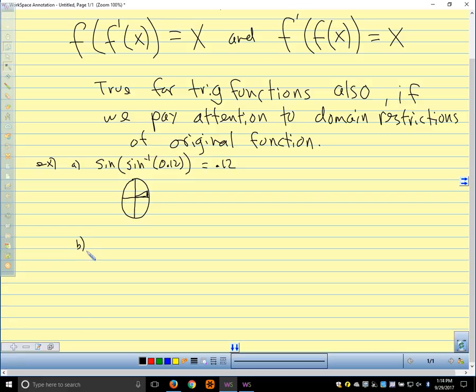Let's look at another example. The inverse sine of the sine of 3 pi over 4. It would be a mistake to say that the inverse sine of the sine of 3 pi over 4 is 3 pi over 4. Why?